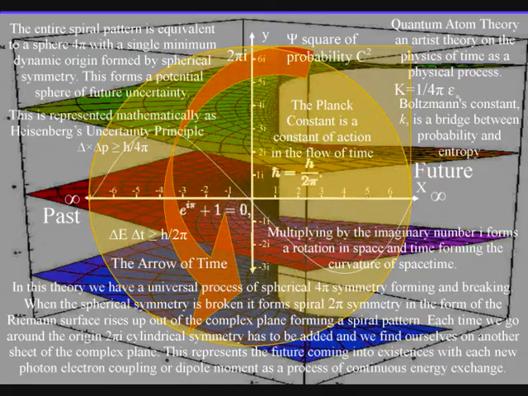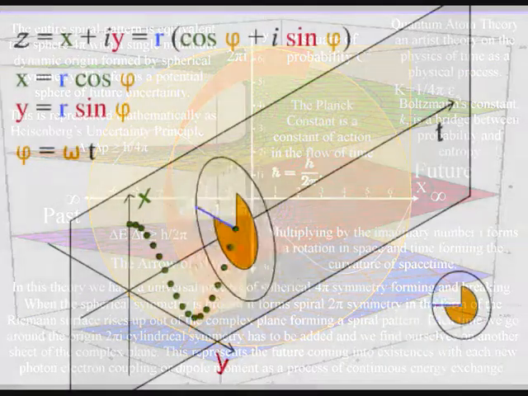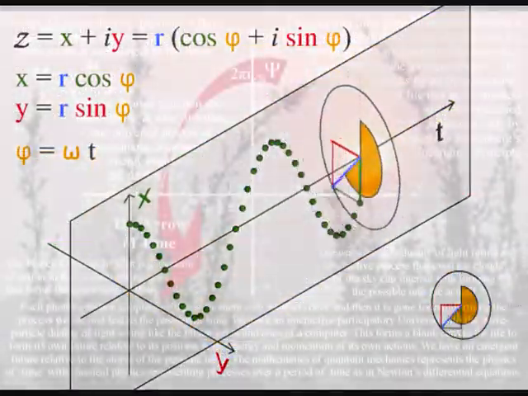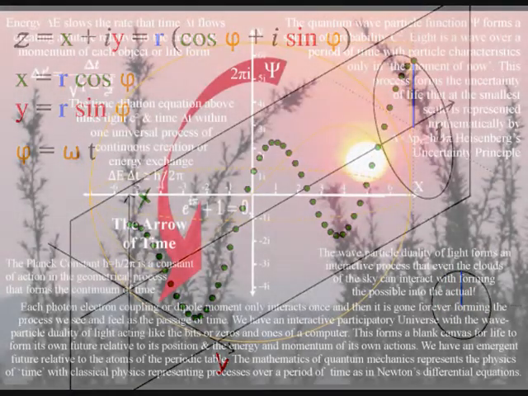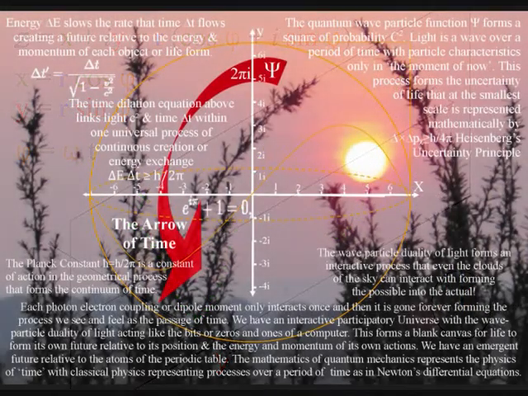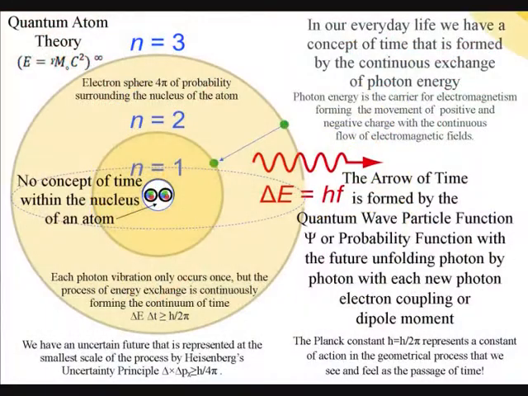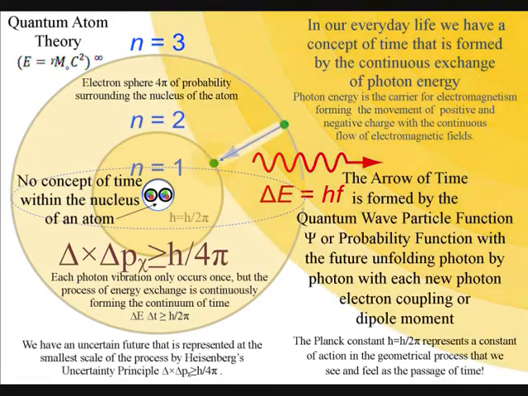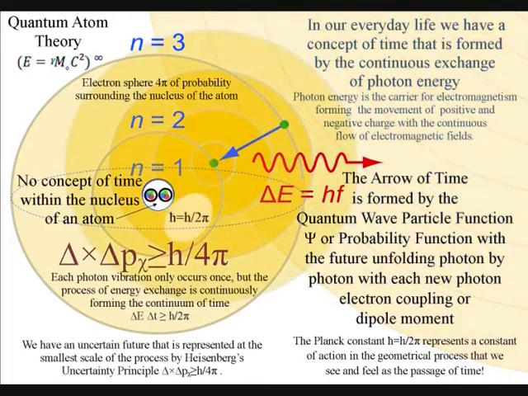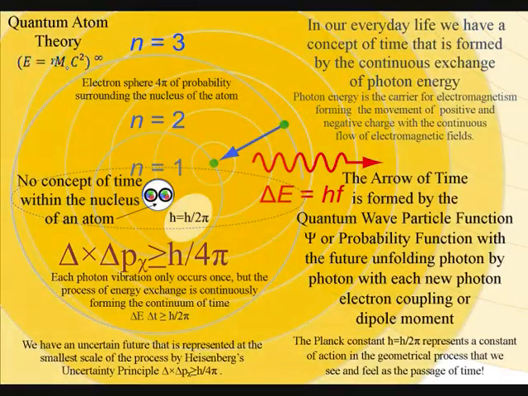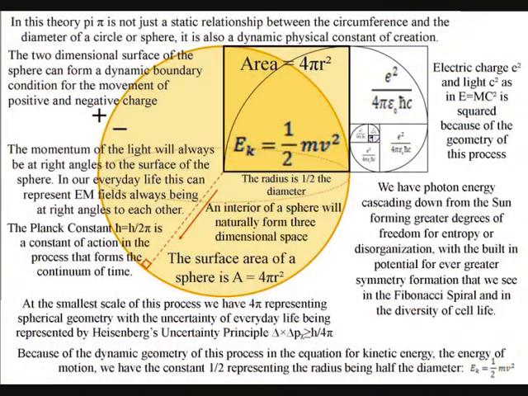This process will form cylindrical symmetry that we can see in this image of a sine wave, forming a vector with line symmetry as the process unfolds. But this is formed by spherical symmetry, with light waves being formed by the wave-particle function, or probability function, in the form of an inverse sphere.